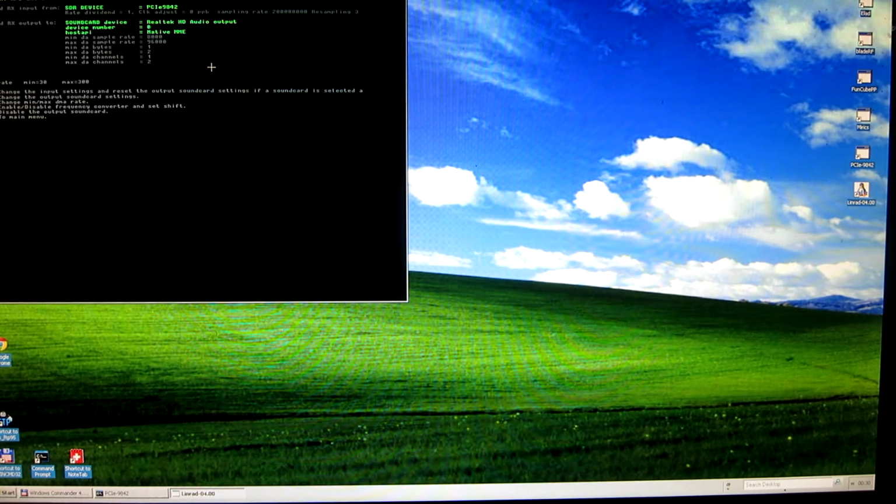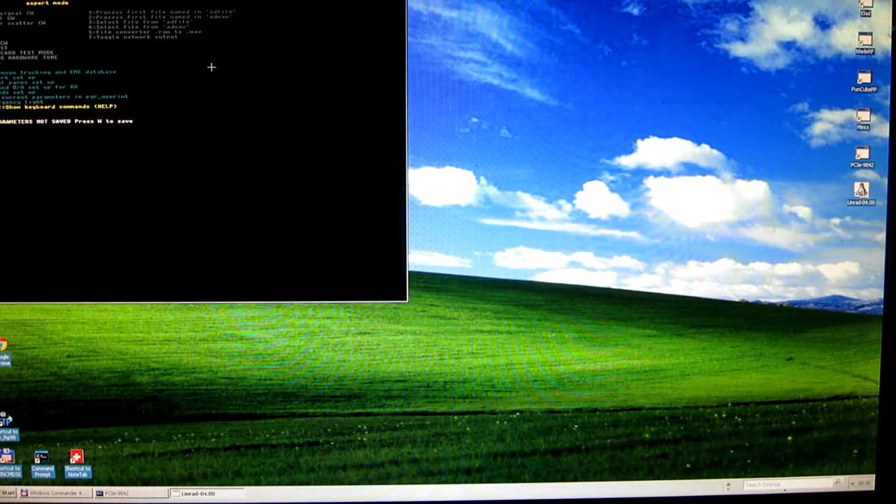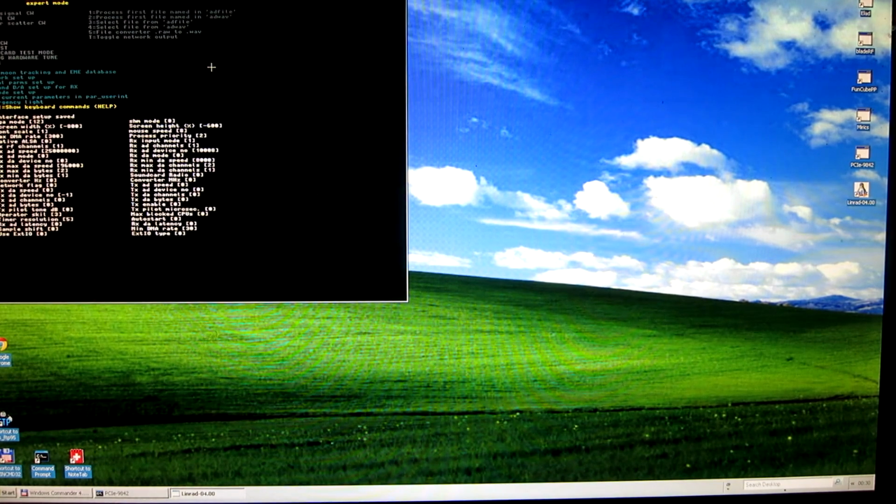And that's it. X. And do not forget to save. That's always so in Linrad. That is because you might want to make some tests, and if they fail, it's nice to have the old parameters still in the files.